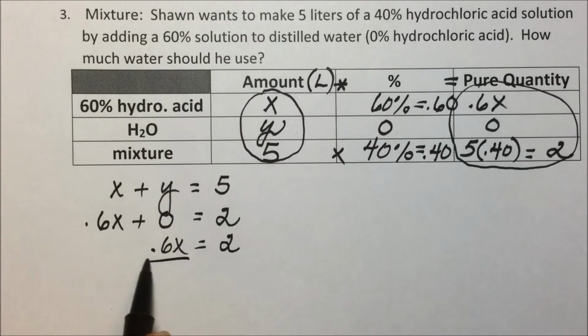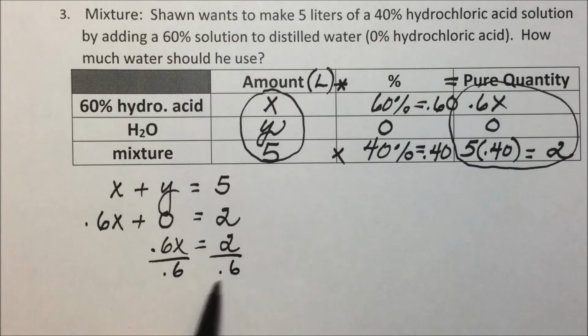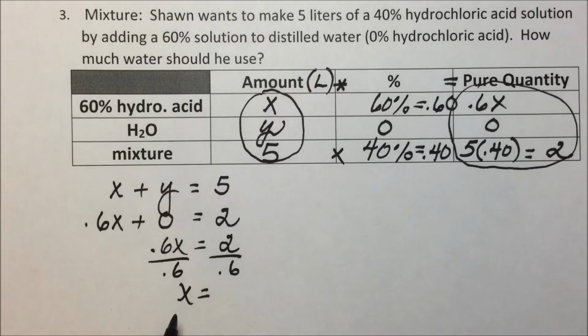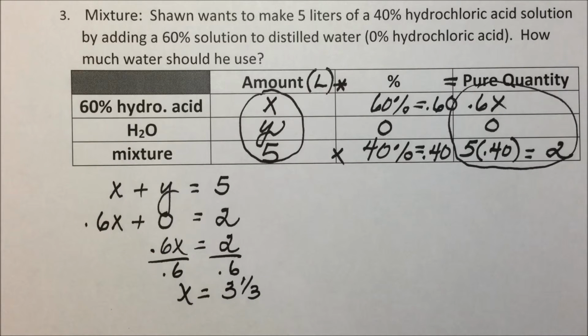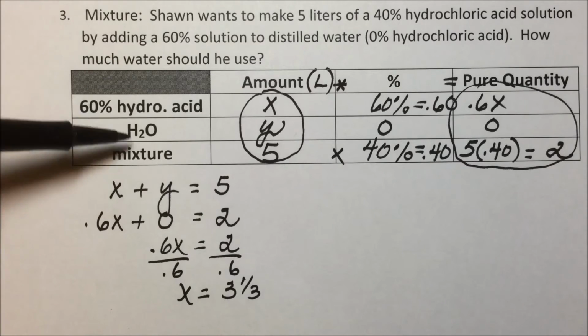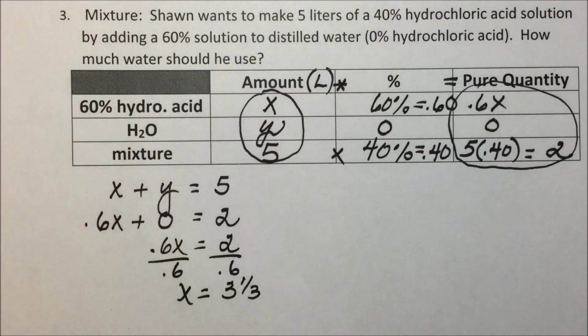Dividing both sides by 0.6 is going to give us 2 divided by 0.6, which results in 3 1/3, and this is the amount of the hydrochloric acid solution. We're not done though. The problem asks how much water should be used, and that was our y variable.